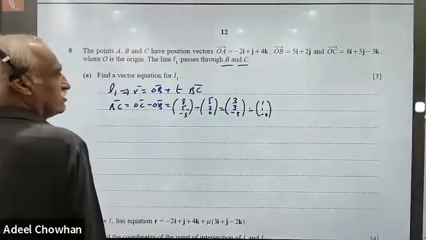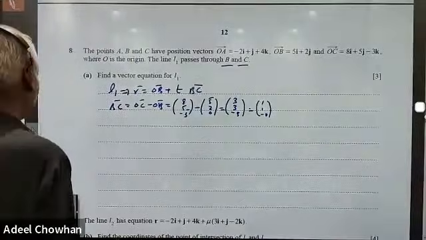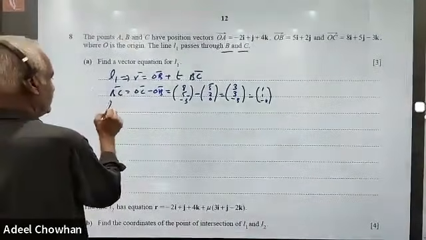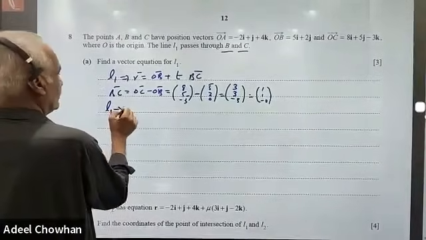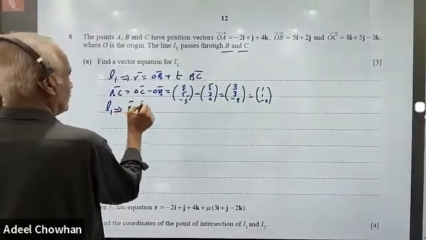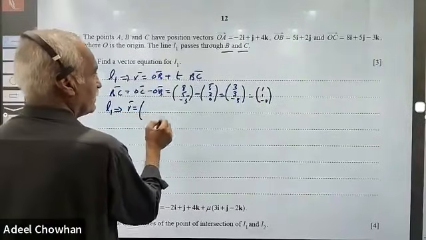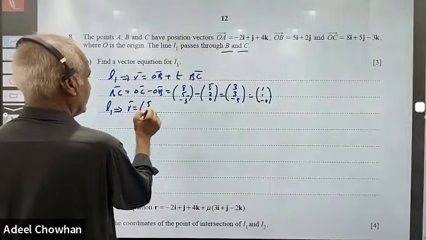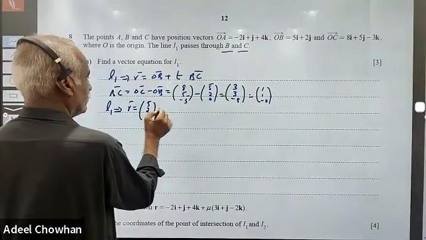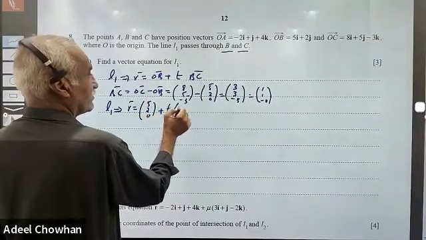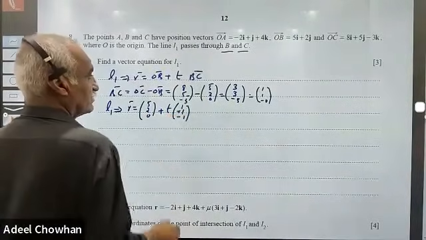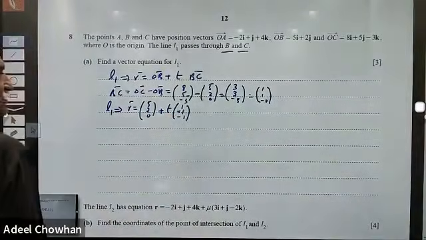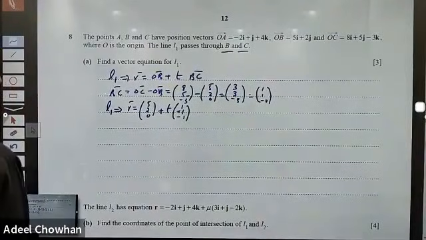So the line L1 is r equals 5, 2, 0 plus t times 1, 1, minus 1.